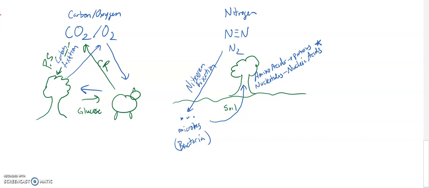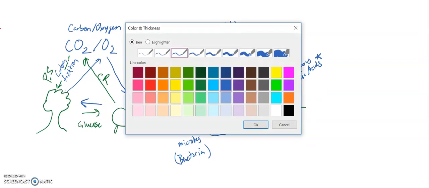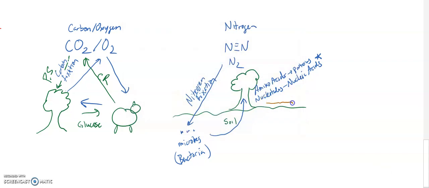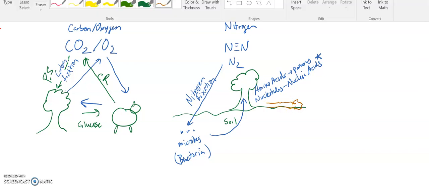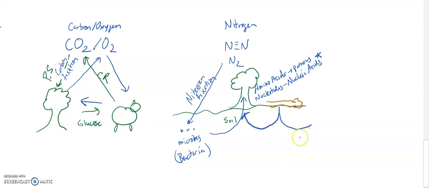Now, that plant can also die. And if the plant dies, so now the plant has died, and that nitrogen can go back into the soil, or microbes can release it back into the atmosphere. And so that's the nitrogen cycle. It's very important that we get it into living systems.